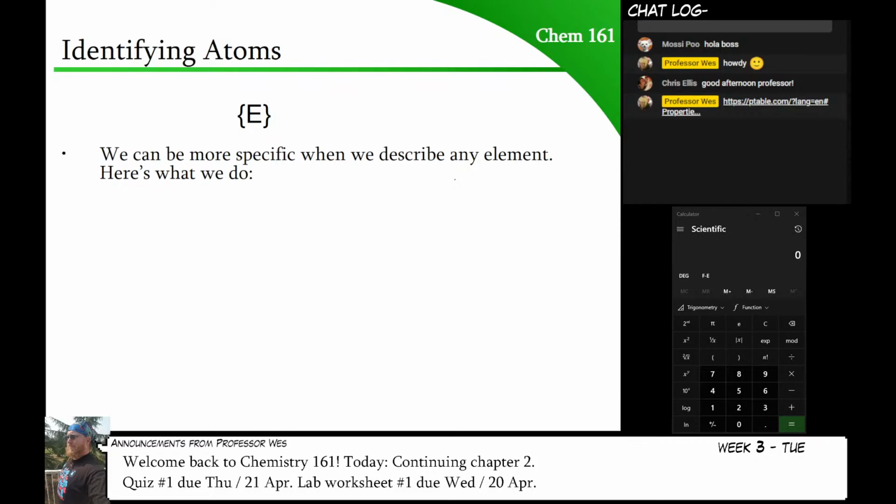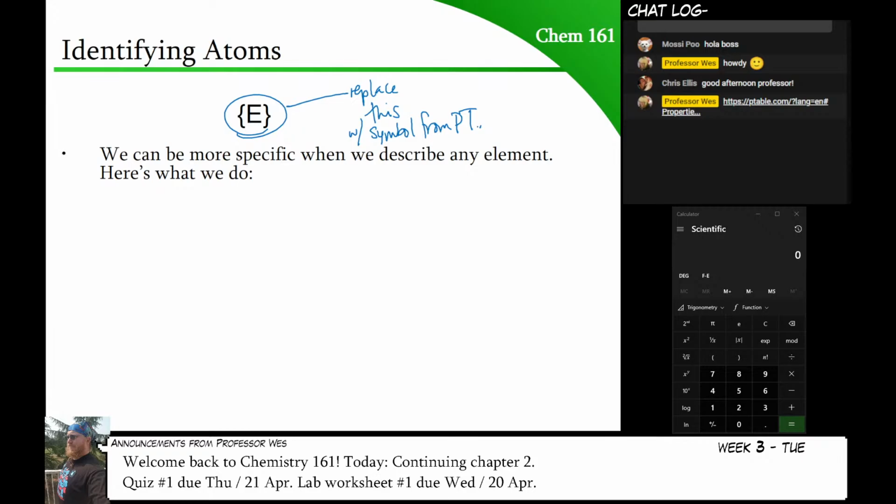We're going to arrange Z and A around our elemental symbol, which I've written in curly brackets E. We're going to replace the whole thing with the symbol from the periodic table.